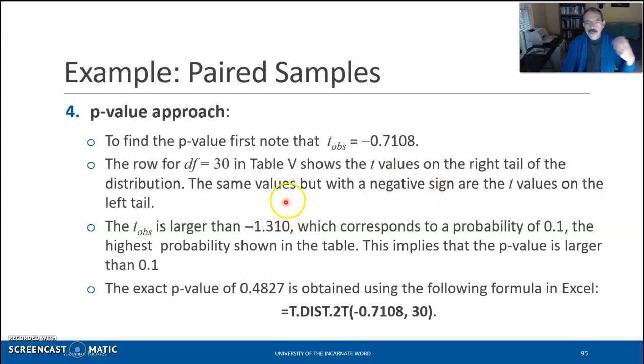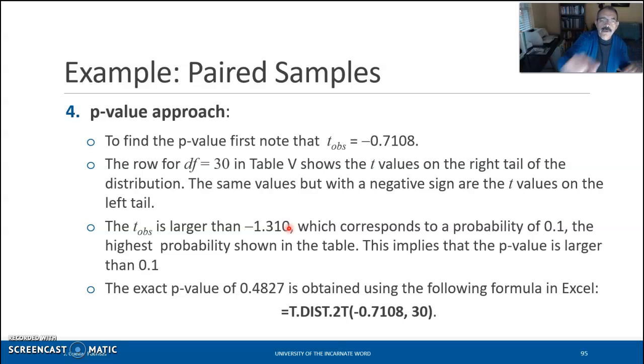So with that in mind, if you look at the row for 30 degrees of freedom, you see that the t observed of minus 0.7108 is larger than the largest negative t value, minus 1.310. So again, make sure that you look at the t table and look at that row of t values and change the sign to negative.